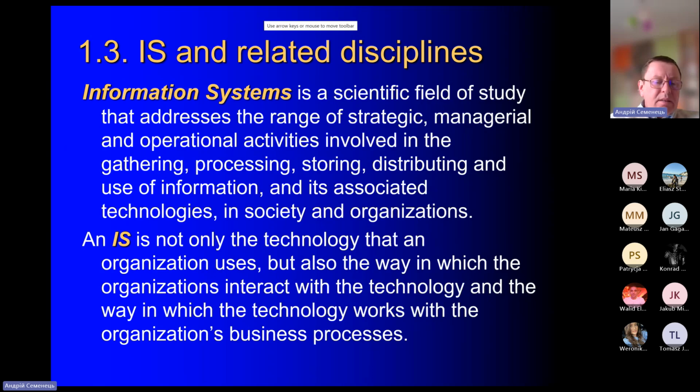And again, in the scientific area, information systems is a scientific field of study that addresses a range of strategic, managerial and operational activities involved in gathering, processing, storing, distributing, and using information and associated technologies in society and organizations. So in this case, we have to keep in mind these two definitions. Under the term information system, we have to understand the system itself, but also the scientific area for studying those systems through information technologies.